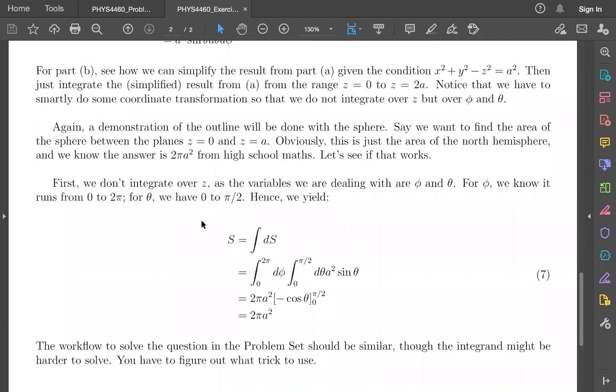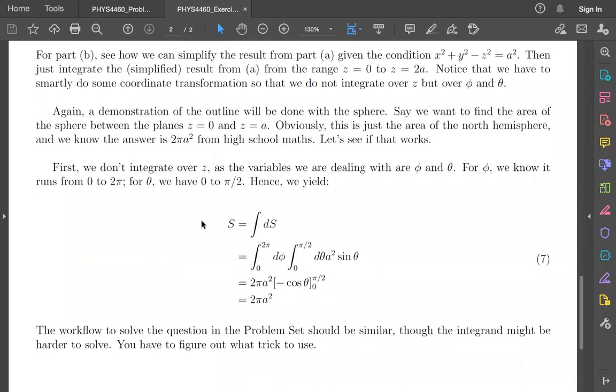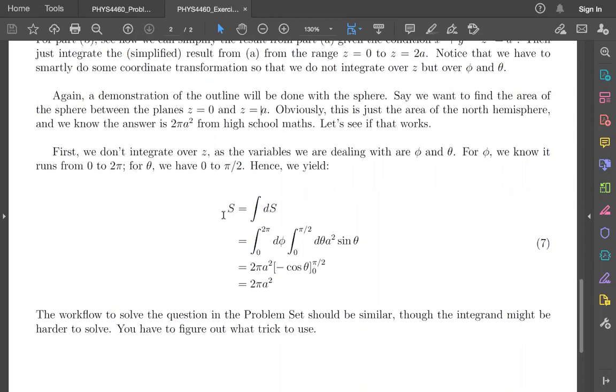But let's review how to obtain this result by using calculus, by using integration. Again, we obtain the area by integrating the result of part A, which is the area element.